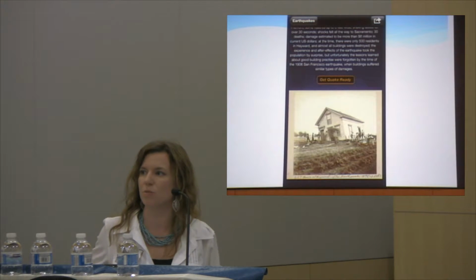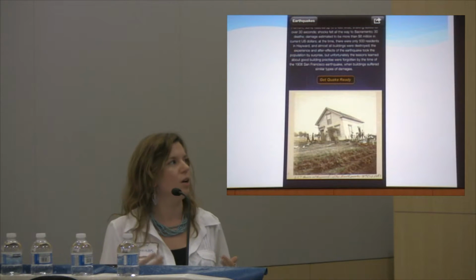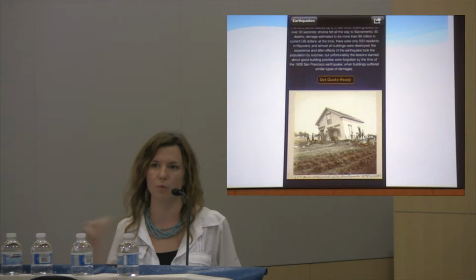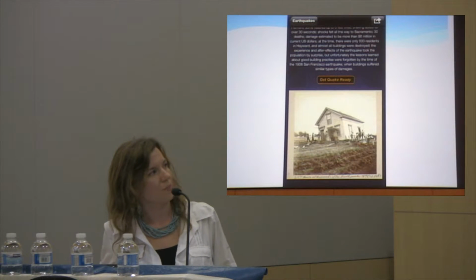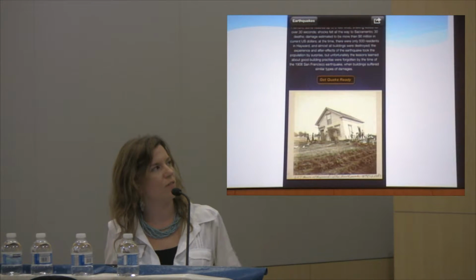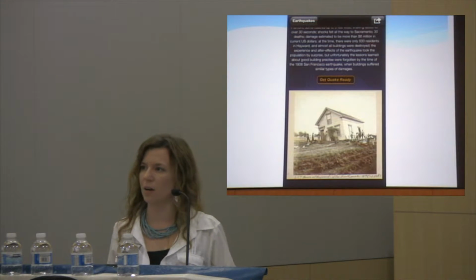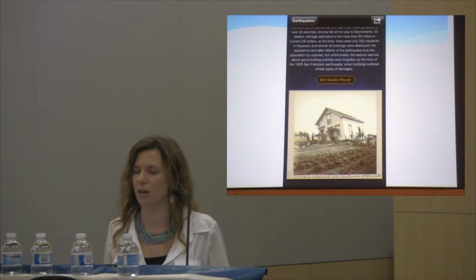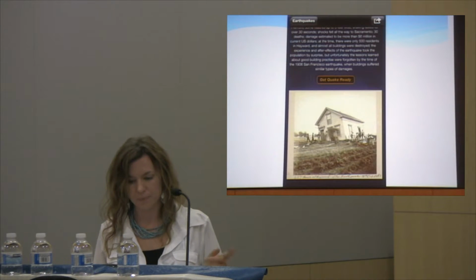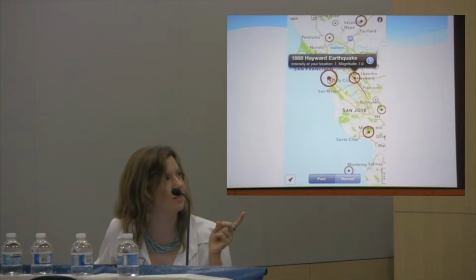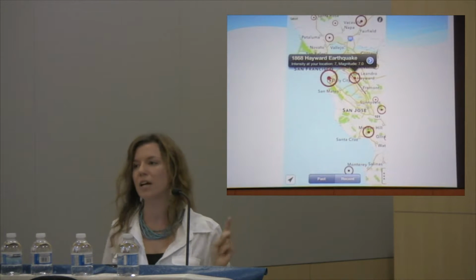The larger population was still in San Francisco, so the population that was affected by this earthquake mostly was San Francisco, which is why it was called the Great San Francisco earthquake. But if you click on these sort of events, you can get little historical information. We have a lot of very interesting photos in the archive about Bay Area events specifically. But then, as you see in the little flag above, it says magnitude 7.0, intensity at your location 7.